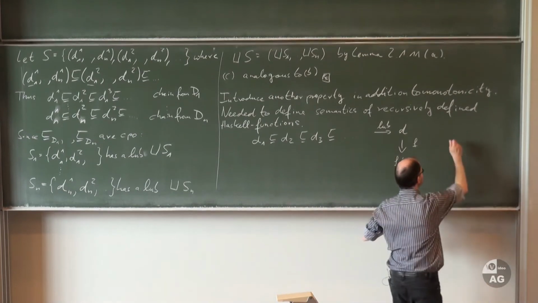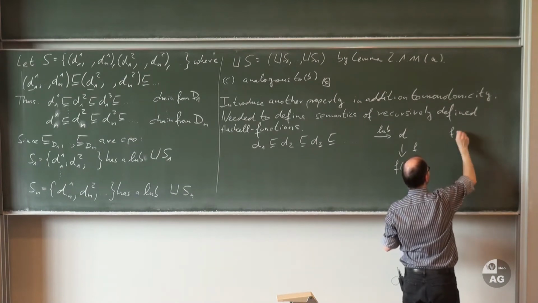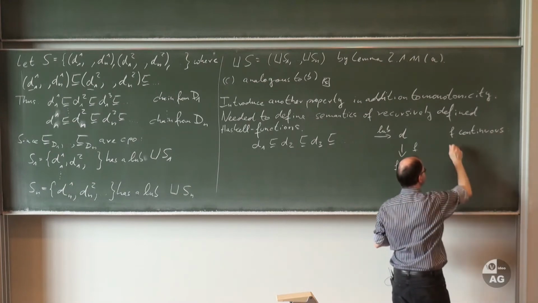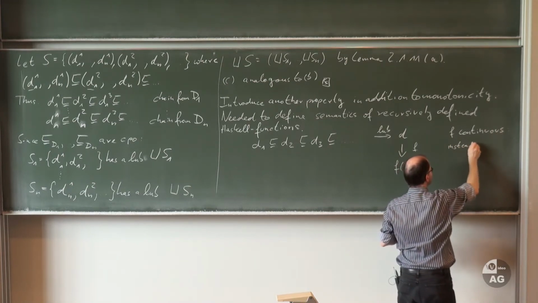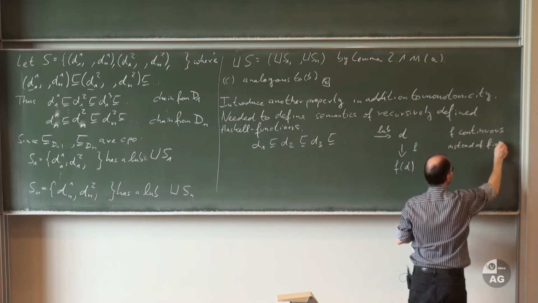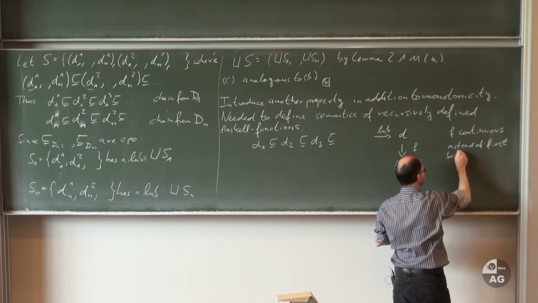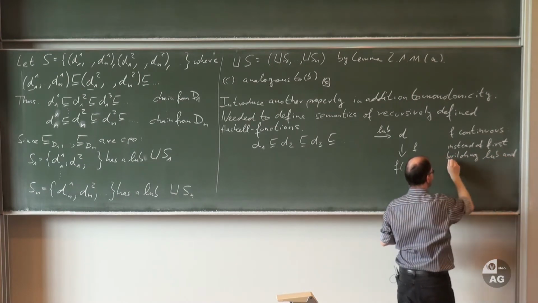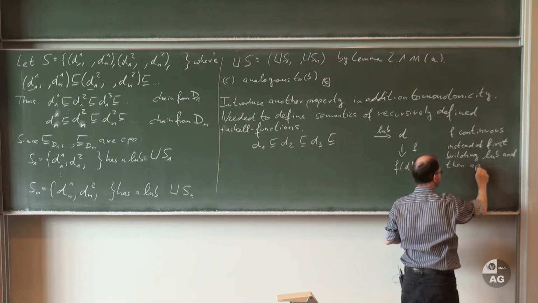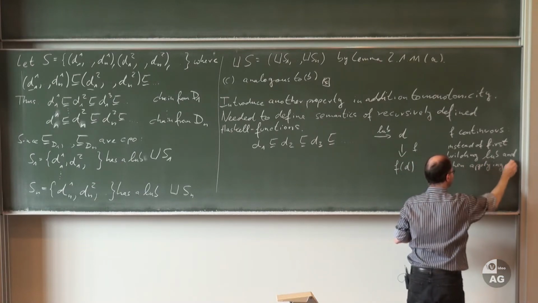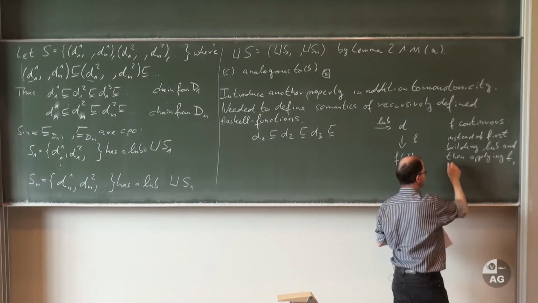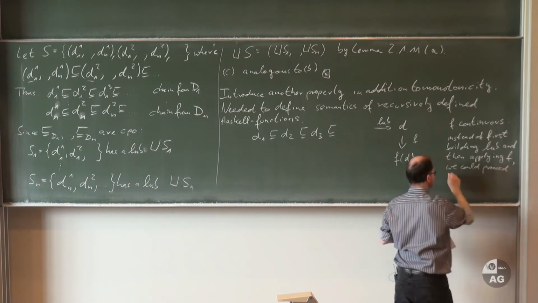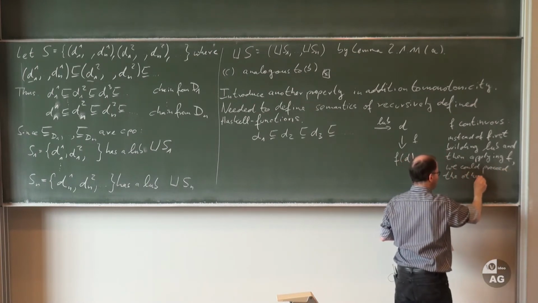So if f is continuous, then this means instead of first building the least upper bound and then applying f, we could do it the other way around. We could proceed the other way around.